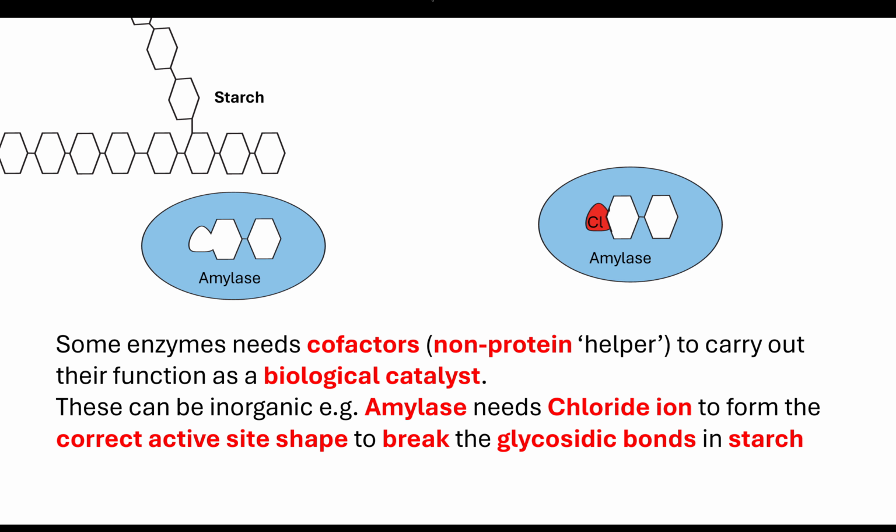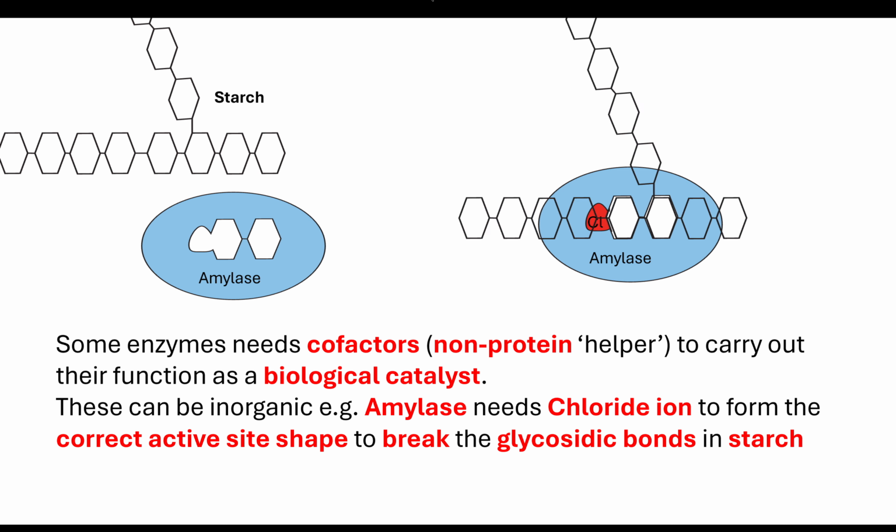So when a chloride ion is attached temporarily, it is going to form the correct active site shape for amylase to break the glycosidic bonds in the starch, to break the polysaccharide down into smaller saccharides. Now, amylase and chloride ions is one of the examples that you need to know for your OCR specification.